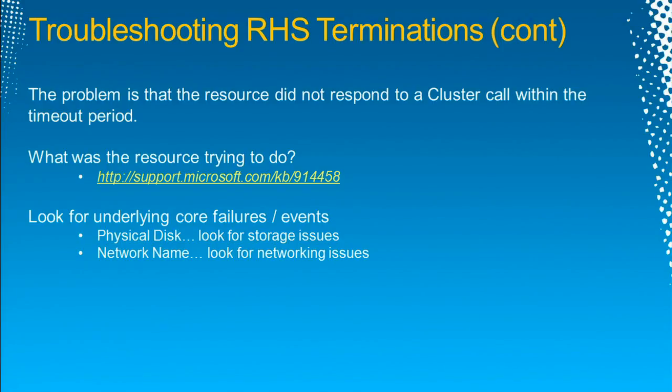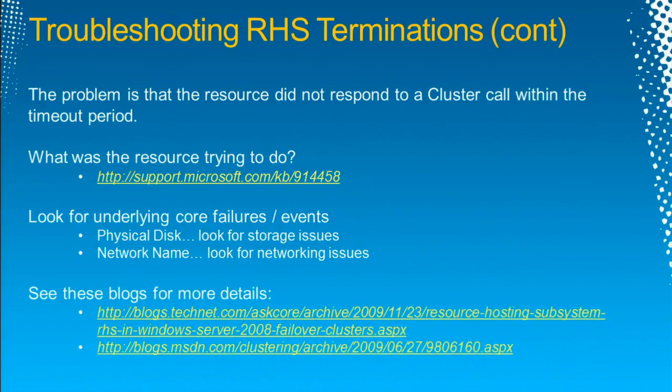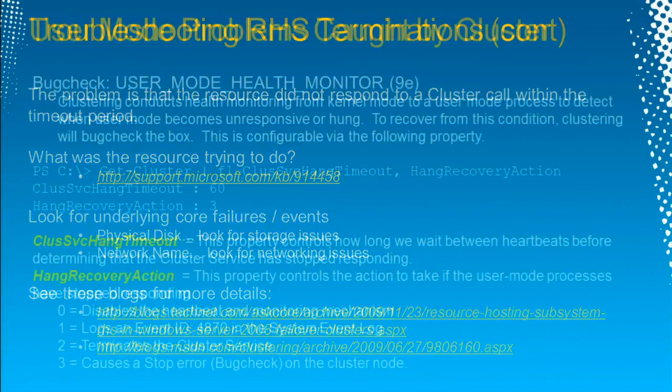If it's storage, if it's a particular disk that's failing, look for any other storage type events. Did we lose connectivity to it? Maybe run a performance monitor on it to see if maybe it's just latency. Okay, there's a couple of blogs here that talk about RHS and some of the terminations.